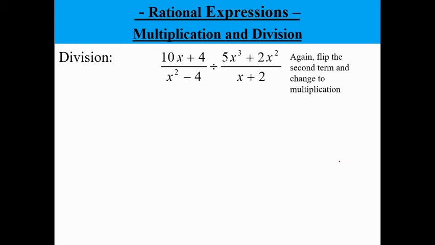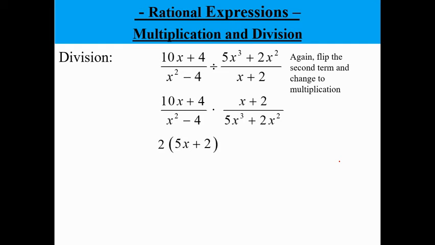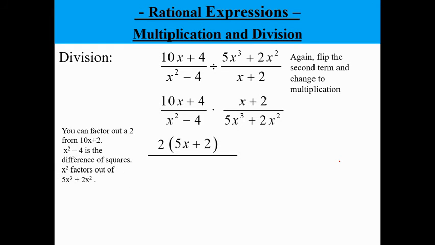Okay, there we go. Let's take a look at this division. Again, flip the second term so we can change this to multiplication. So in some respects, there is no division because we change it to multiplication. Okay, then again, look at what you can factor out. Please remember x minus 4 is the difference of squares.